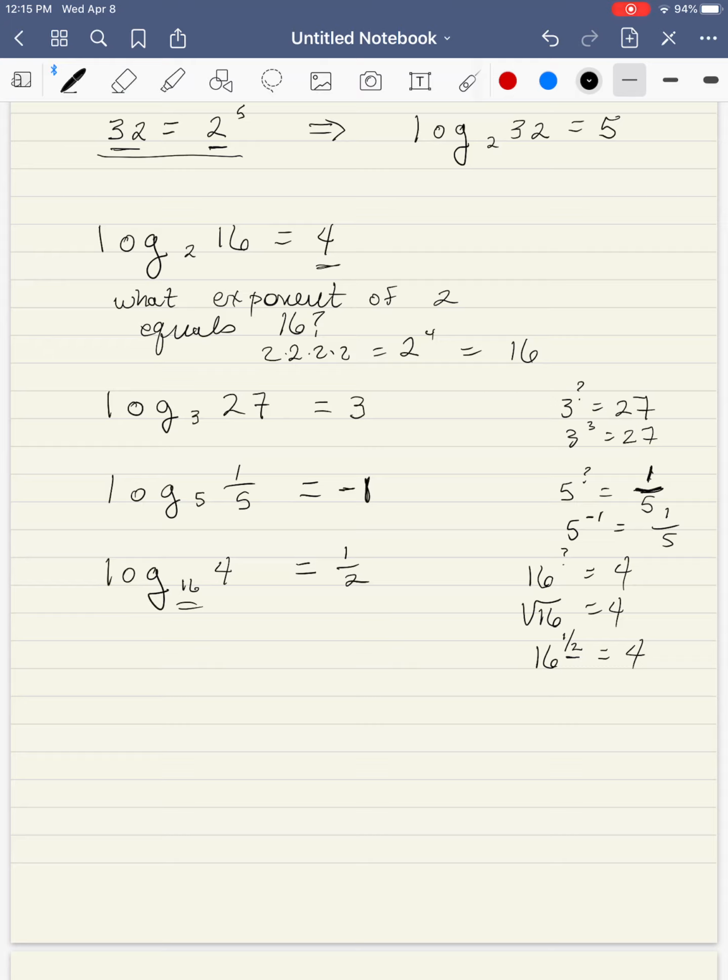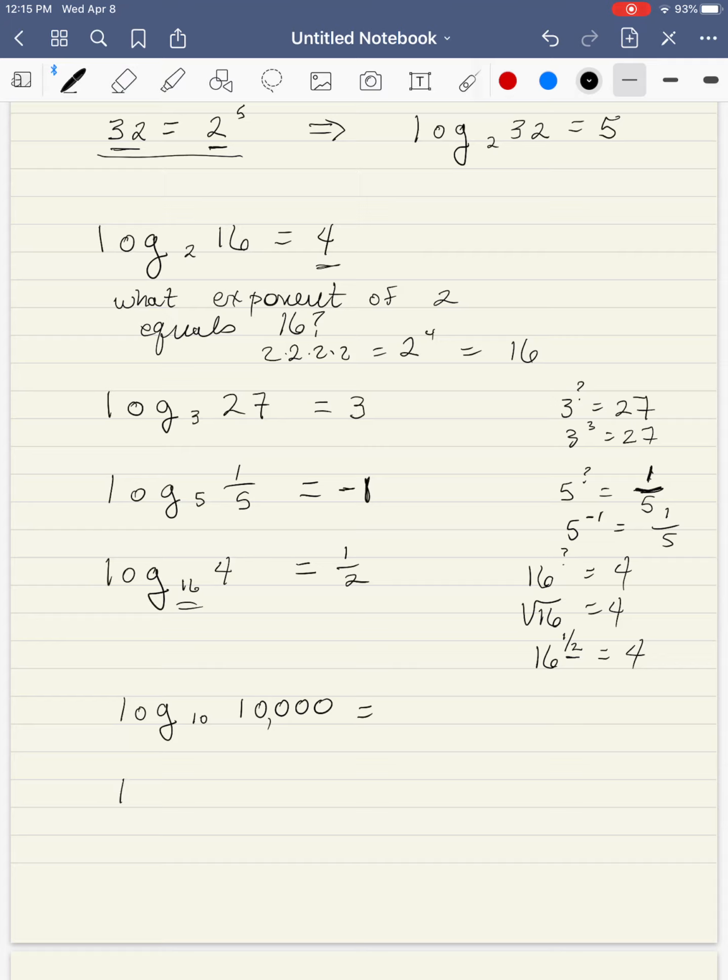Let's do a couple more of these. I'm going to write several more, and I want you to try to work them yourself without using your calculator. And then we'll look at them. So let's say we have the logarithm base 10 of 10,000.